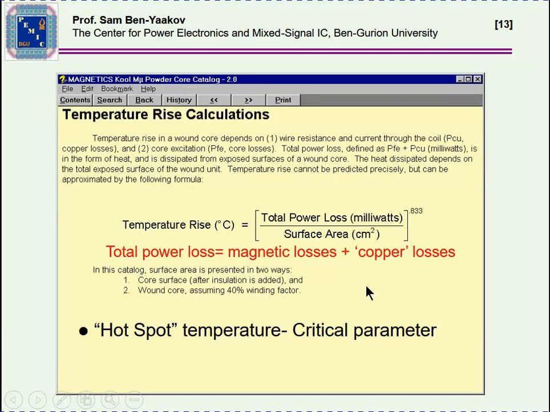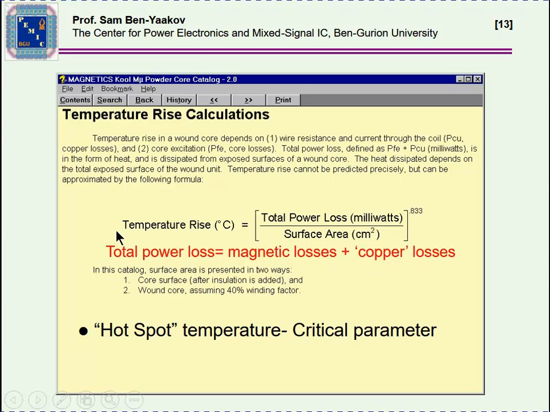There is also an experimental equation, sort of a curve-fitted equation, which tells you what temperature rise you'd expect in a magnetic device, the inductor or transformer, as a function of the total power loss. Now, total power loss is, of course, the magnetic loss we've been speaking about, but also the copper loss. That is due to the current passing through the wires, which have certain resistance. So I squared R is the copper loss, or the wire losses. You have to add these two.